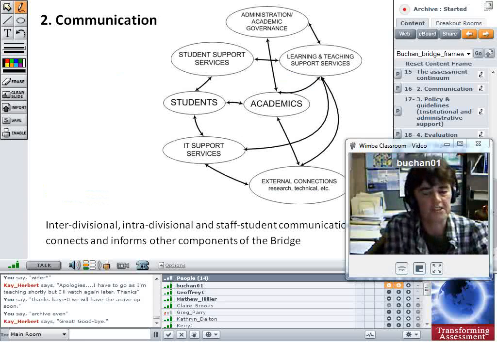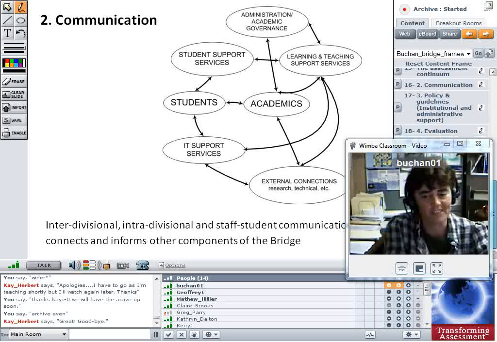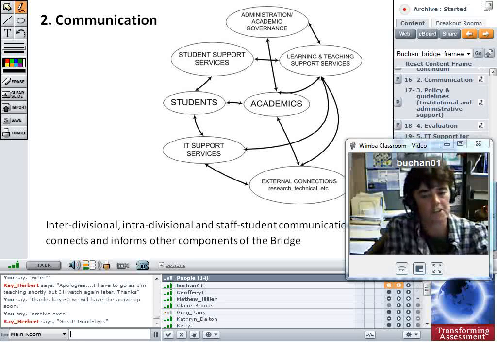It's a very complicated thing, and one can probably extend this diagram, but the communication networks are potentially very great. You might think of oneself in an academic position or in learning and teaching support services, but there's a lot of other people and connections when it comes to anything online, but in particular online assessment.